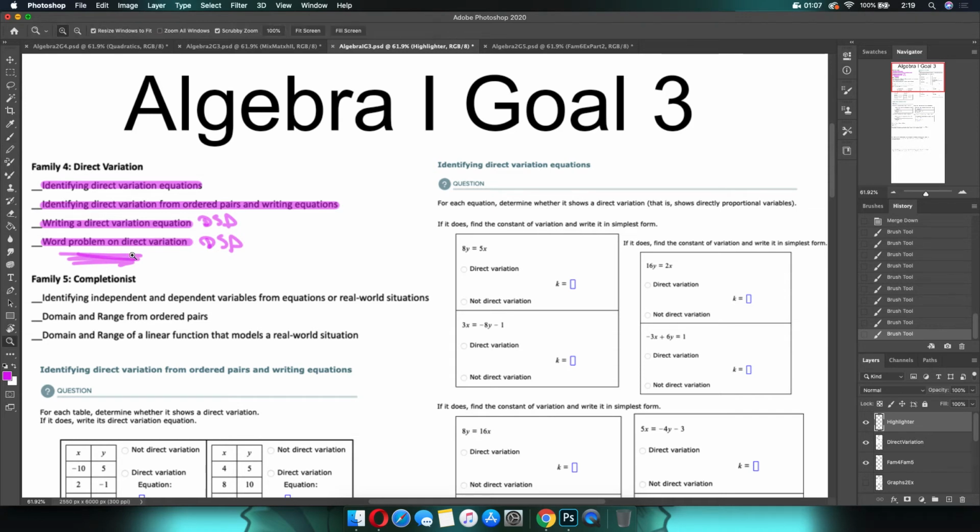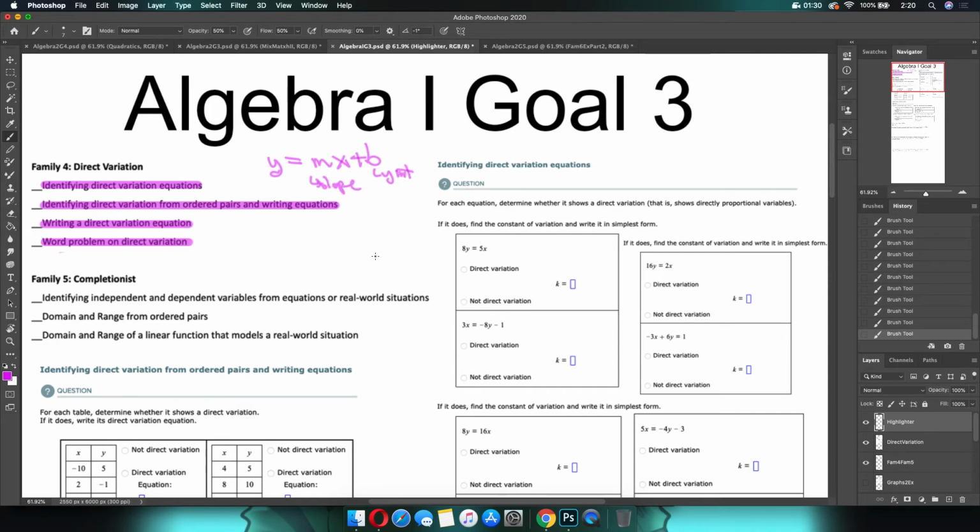When we talk about direct variation, what we're actually talking about is something from the graphs that we were doing before. In an earlier video, we were talking about y equals mx plus b, where b is your y-intercept and m is your slope.